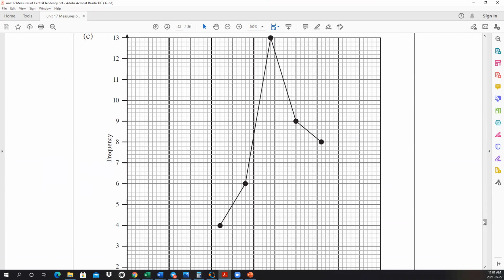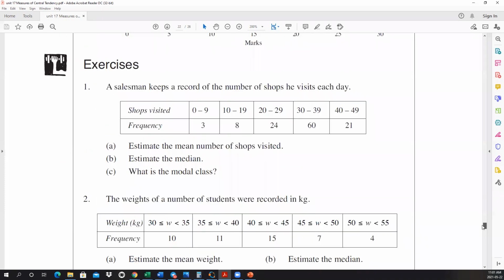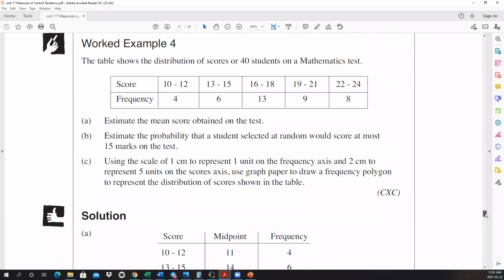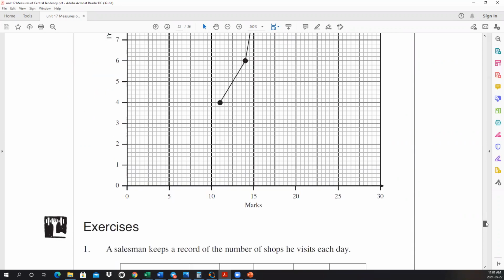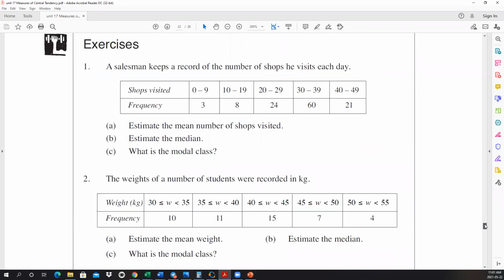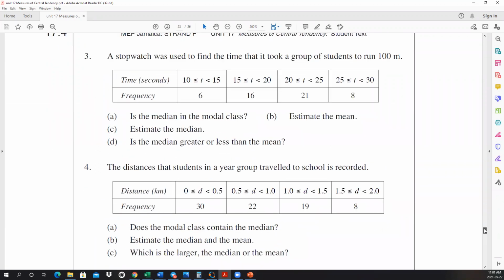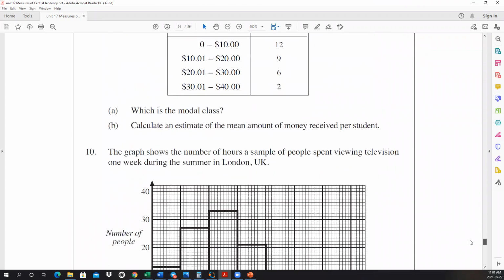They even ask you to draw a frequency polygon to represent the distribution of the scores in the table, right? And then we'll have some questions here. I'm not going to do any. I will ask you to look at them for homework.